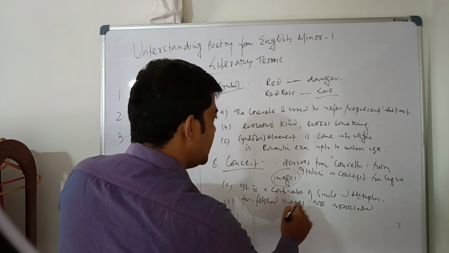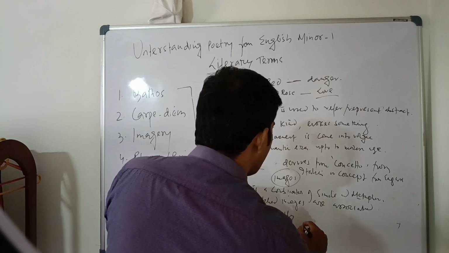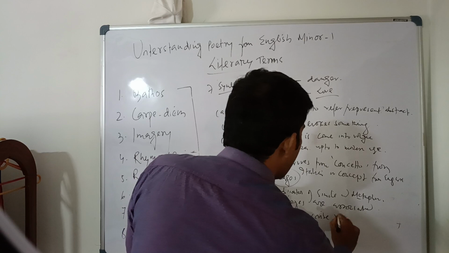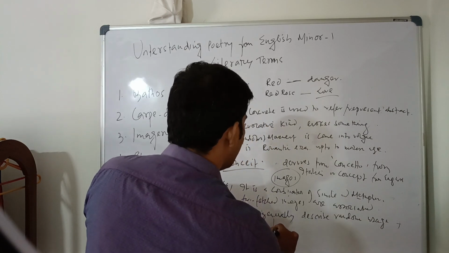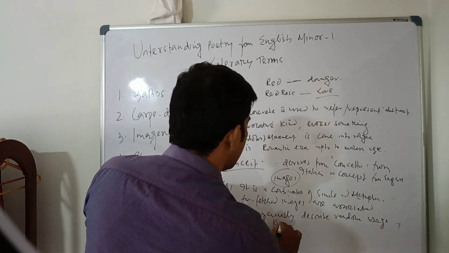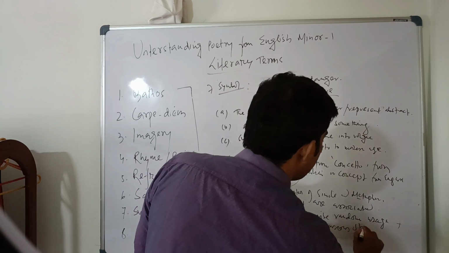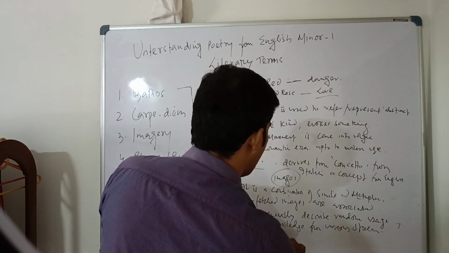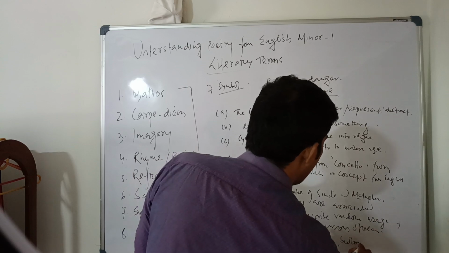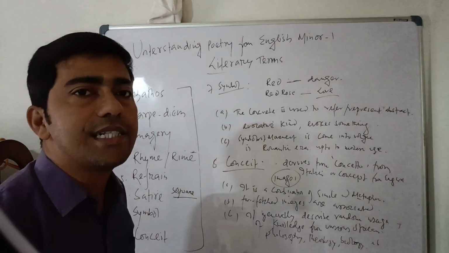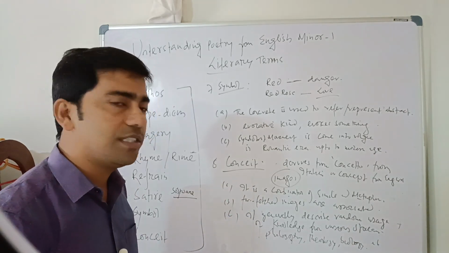It generally describes random usage of knowledge from various streams, like philosophy, theology, biology, etc. And the metaphysical poets are the main proponents and users of conceited words, like John Donne, Marvell, Harvard, etc.